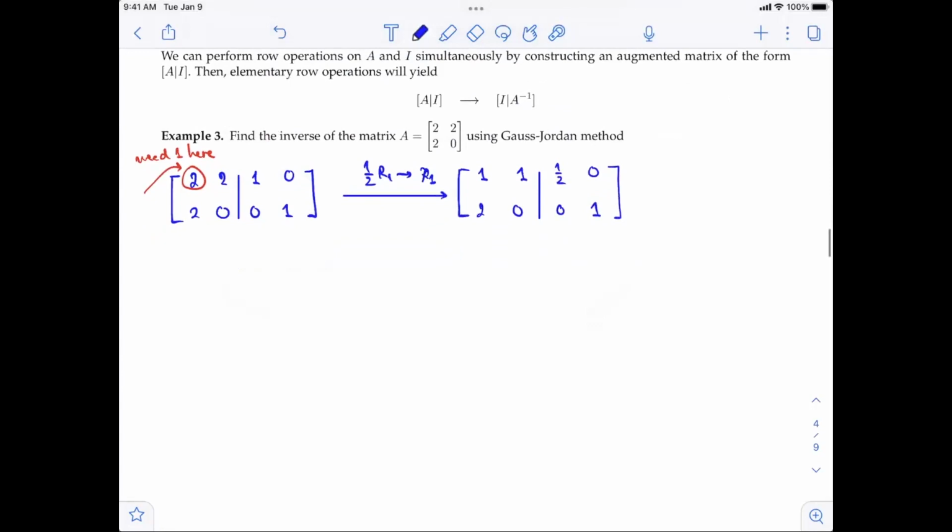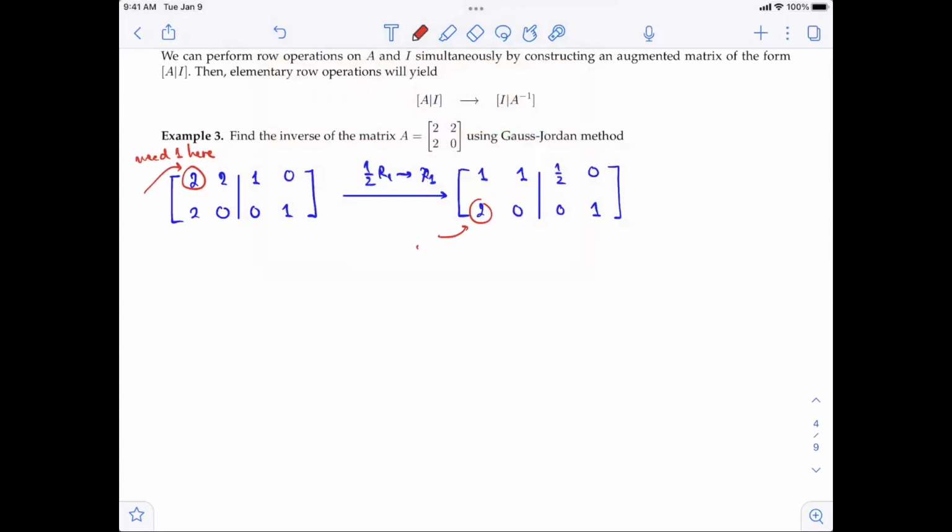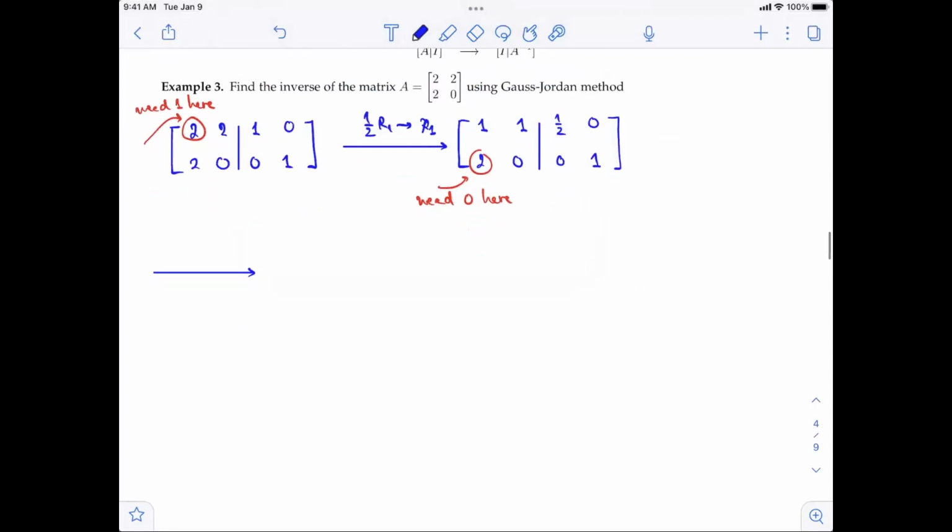Okay. Now you have a leading one in the first row already. That means the entry below it has to be equal to 0. So we need a 0 here. And to do that, we're going to do the following row operation: you borrow the first row and multiply it by -2.